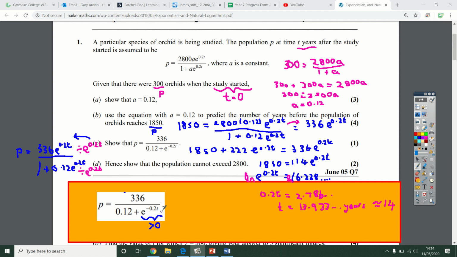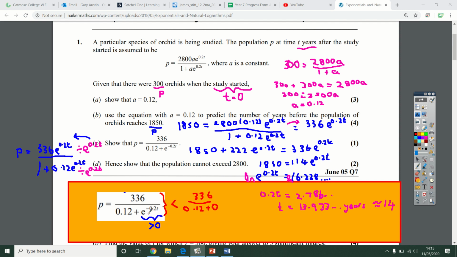And if I push it towards 0 by increasing t, then because it's in the denominator, the whole thing is going to approach a value from below. So this thing can only go as far as 336 over 0.12 plus 0.